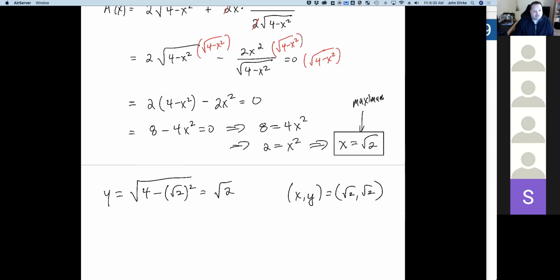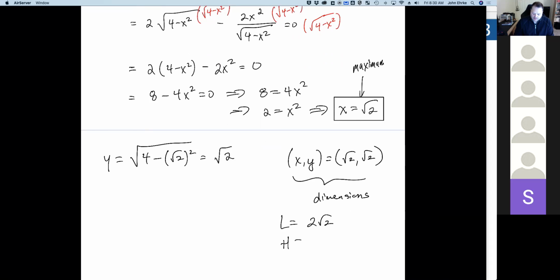Now, we haven't actually answered the question completely, because even though these are the dimensions, technically the rectangle would have a length of 2 square root 2 and a height of square root 2. The area we have not answered yet.